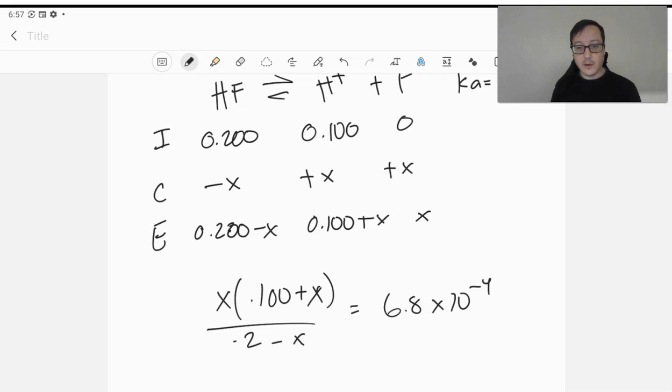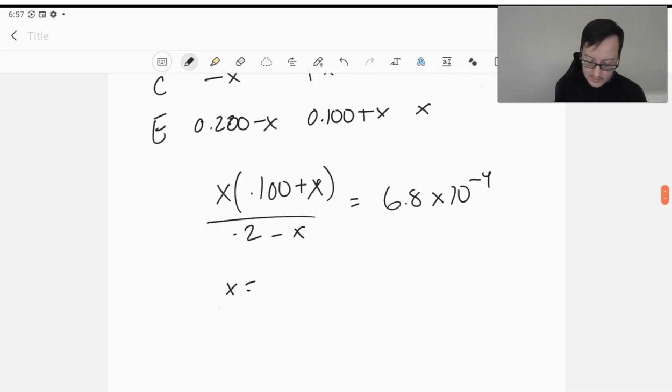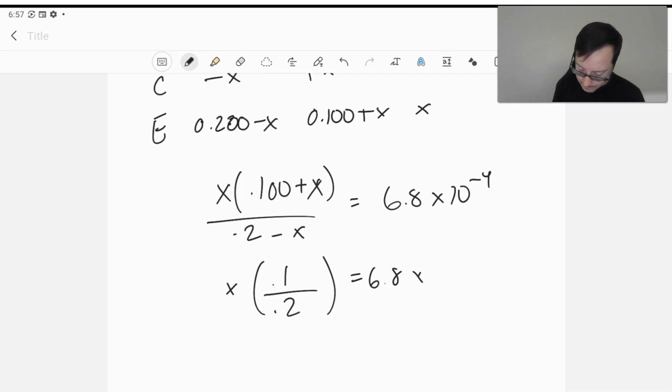Products over reactants, right? If we multiply this out, we get X times 0.1 over 0.2. Remember that with our approximation, the plus X and minus X go away. So X times a half equals 6.8 times 10 to the negative 4.